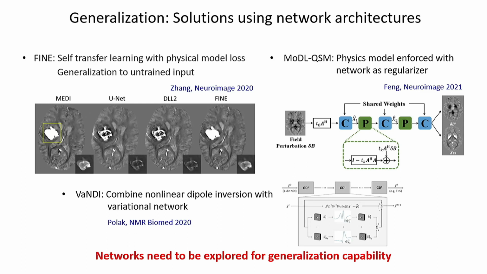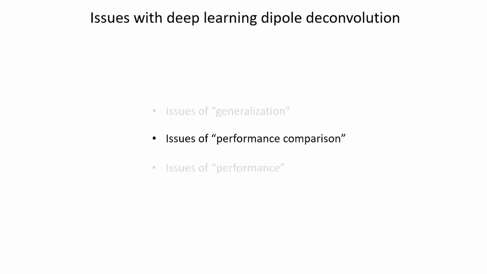So they, to a certain extent, contain error. So we really need to find a way to generalize the network. And also, these two things that I mentioned, the resolution and susceptibility range, are not the only factors for generalization. So when you write the paper, it will be great to have the information about what kind of generalization your network can do so that people can compare the results.